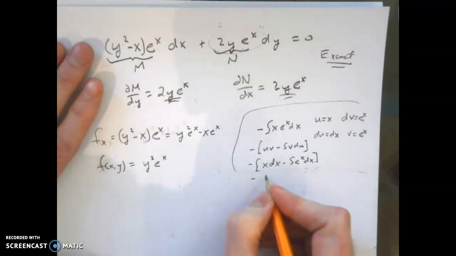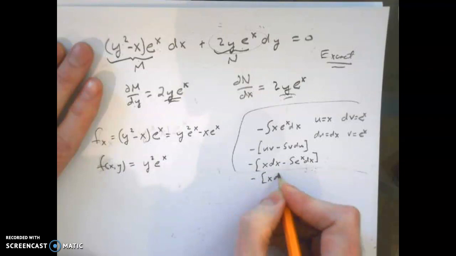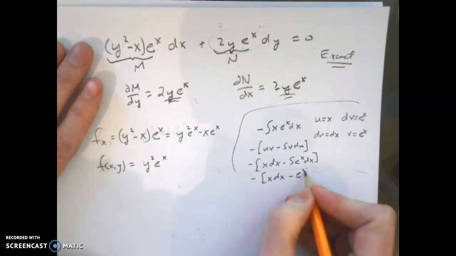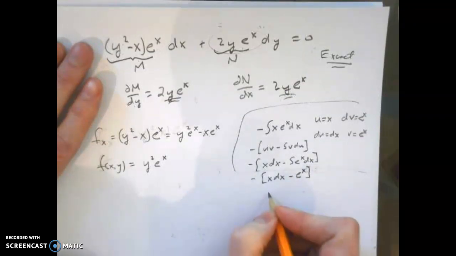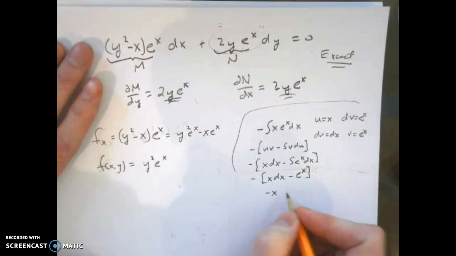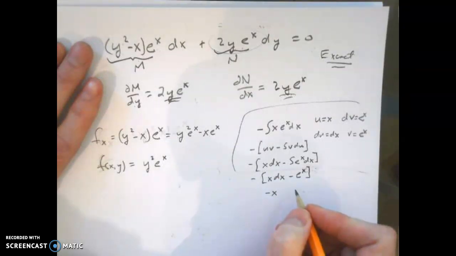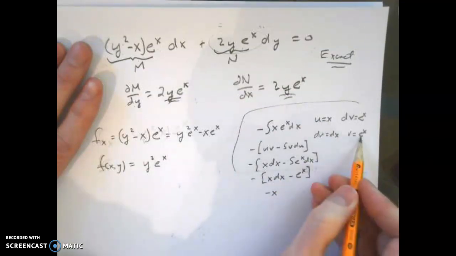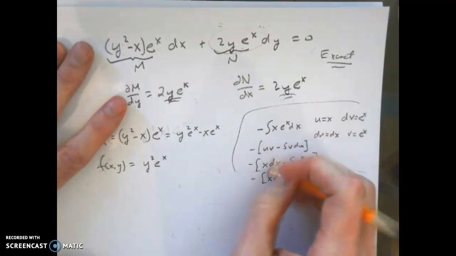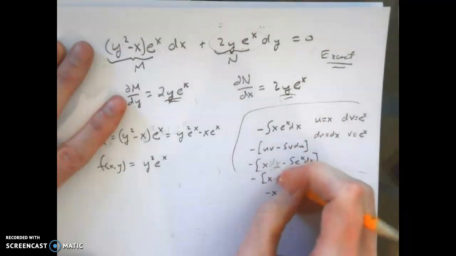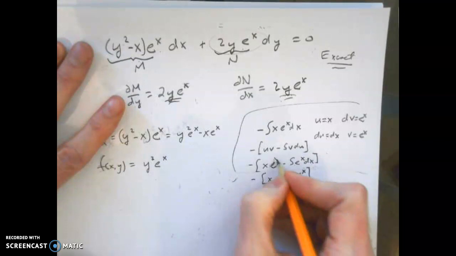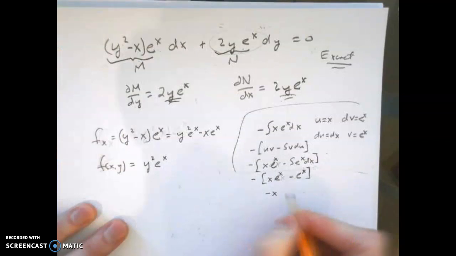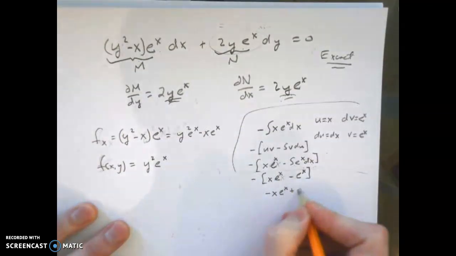Oh, uv was x e to the x, not x dx. That should be x e to the x, and then minus e to the x. Distributing the negative, negative x e to the x plus e to the x.